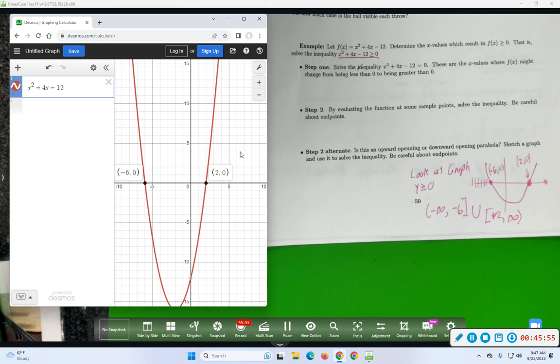Could we also check for any x-intercepts using something we know? Yeah, you can just find roots using the quadratic formula. Those roots will tell you these endpoints. Now you can look at a graph that you can draw by hand and figure out the solution without using a machine. So this is what we'll do an awful lot next time. We'll talk about solving quadratic inequalities algorithmically, without the aid of a machine.